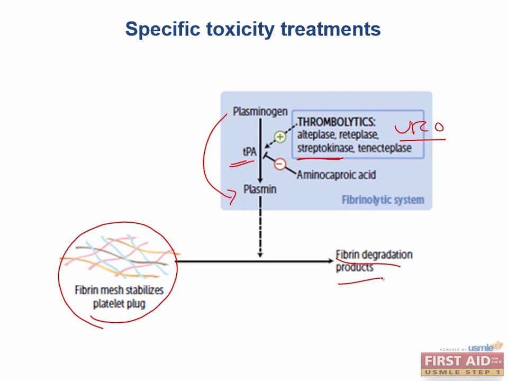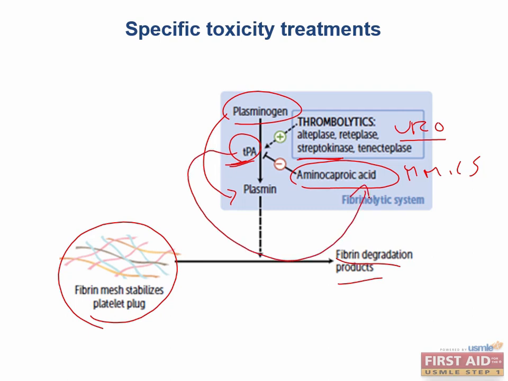Let's say your neighborhood stroke neurologist gives way too much TPA, got a little trigger happy. How would he reverse his mistake? Aminocaproic acid. It literally mimics the binding site on plasminogen so that TPA will preferentially bind the aminocaproic acid instead of binding the plasminogen.